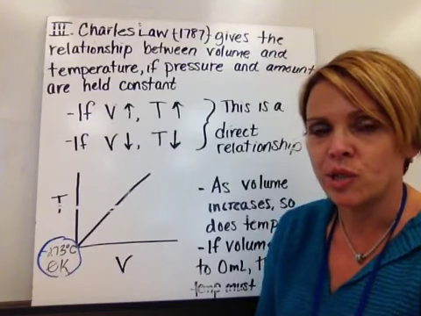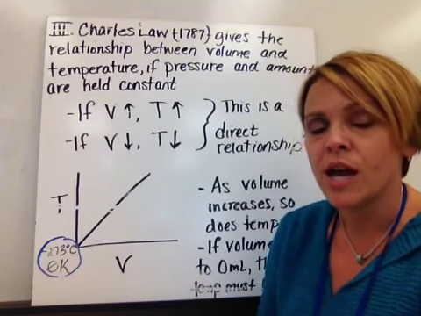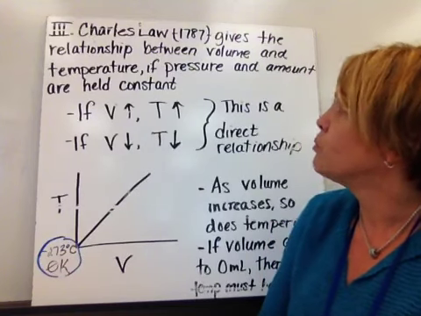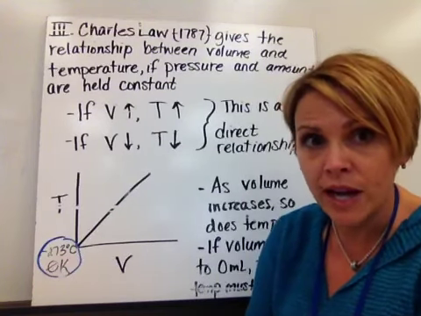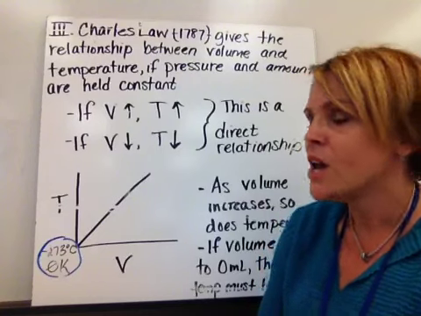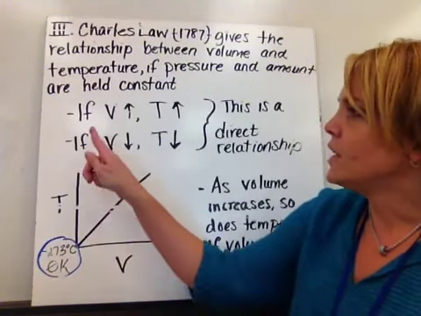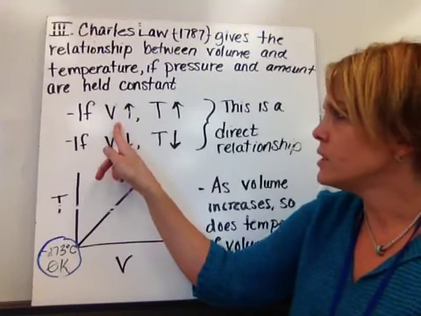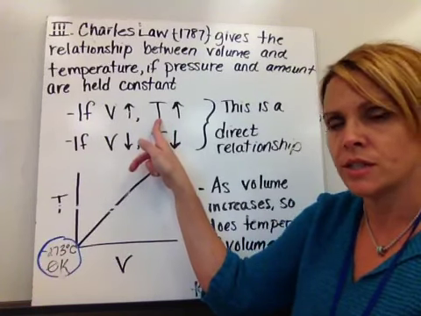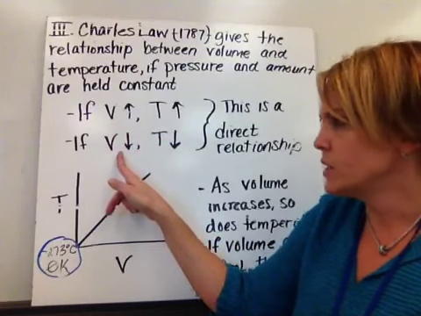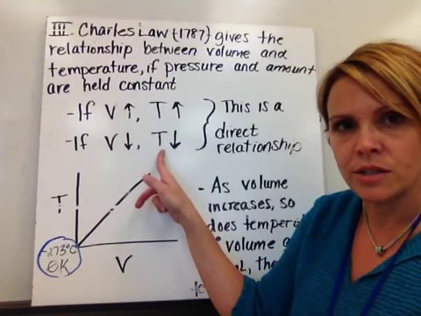This is the relationship between volume and temperature as long as the pressure and the amount of gas molecules is held constant. So what we see regarding this law is that if your volume increases, the temperature increases. If your volume decreases, your temperature decreases.